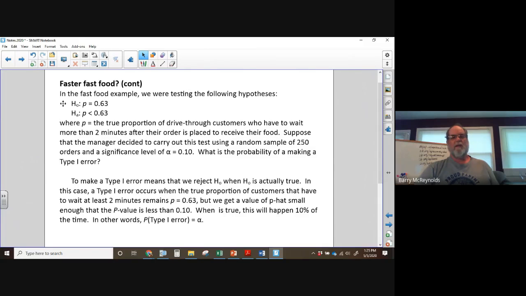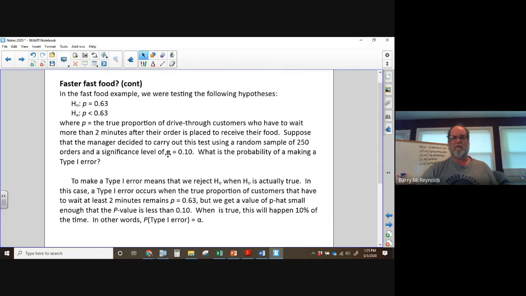So we were looking at a null hypothesis that the true proportion of customers who wait a long time is 0.63. And we want to test the alternate, that the true proportion has been reduced, that it's actually gone down. And so he decides to take a random sample of 250 orders at a significance level of alpha equals 0.1.